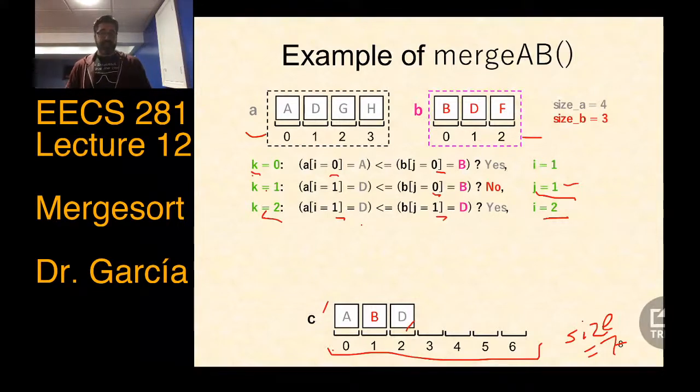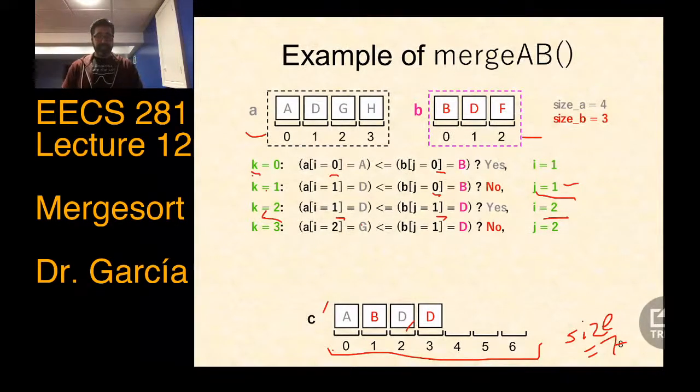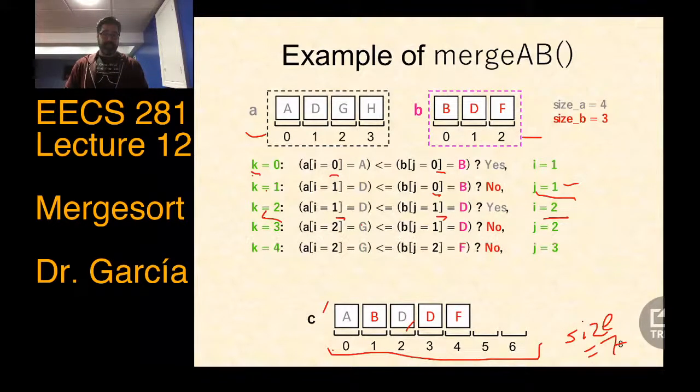The next iteration, I'm comparing G against D, okay, to determine that it's not less or equal. Make the proper increment updates for the corresponding indices, and keep going until I'm basically done, okay?